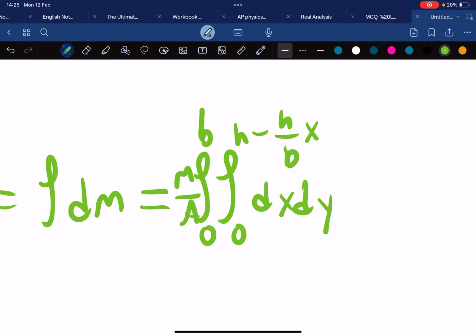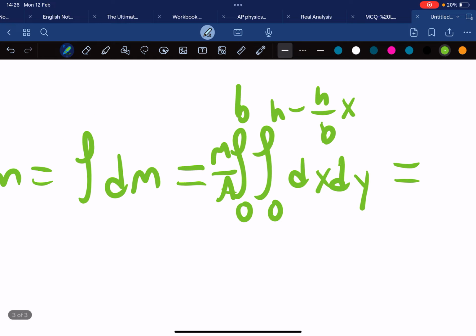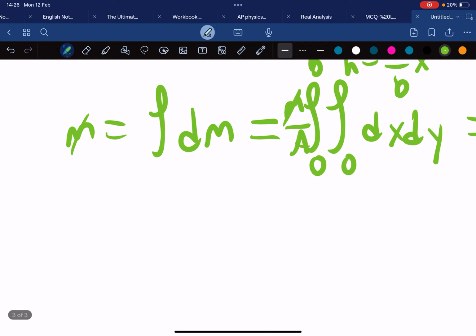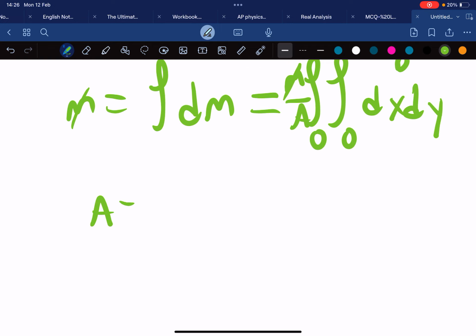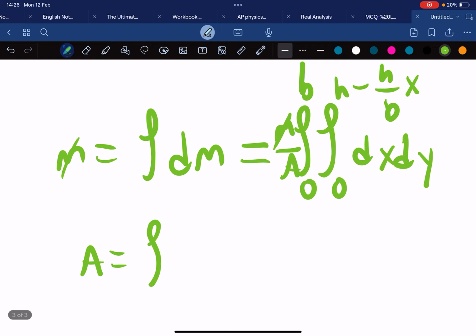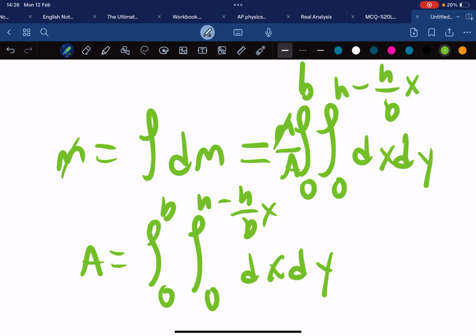We were given a uniform problem, so it's quite easy, and we don't have to worry about messy changes in density. We can just bring it in front, and it's constant. The m's cancel, so then we can bring the A over here. That means A equals the integral from 0 to b of the integral from 0 to h minus h over b x dx dy.